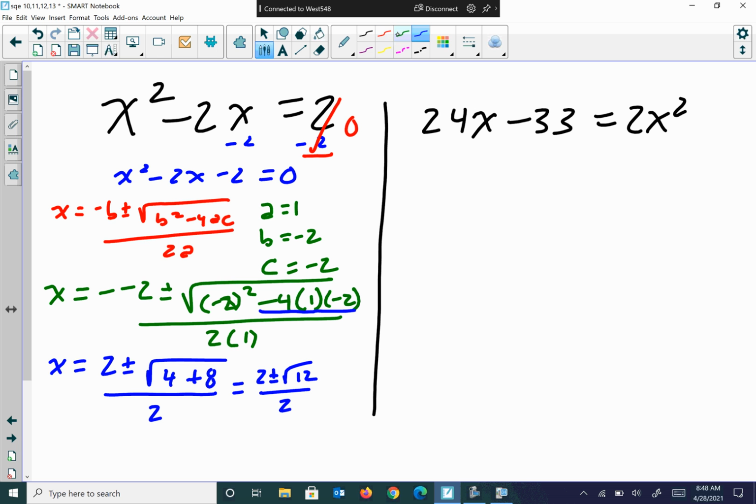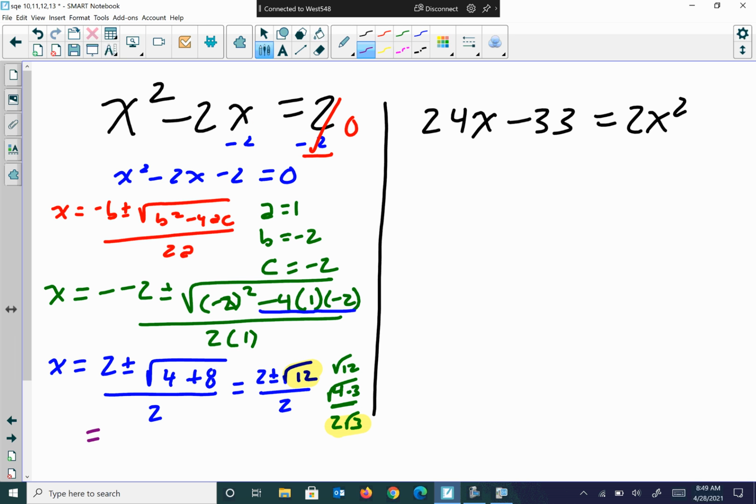Hey, we worked with root 12. I know root 12 breaks down to root 4 times 3, which is what? What's root 4 times 3? 2 root 3. So I'm replacing root 12 with 2 root 3. Agree?